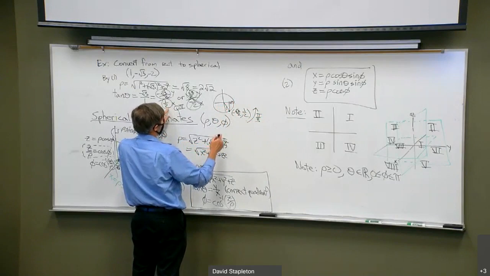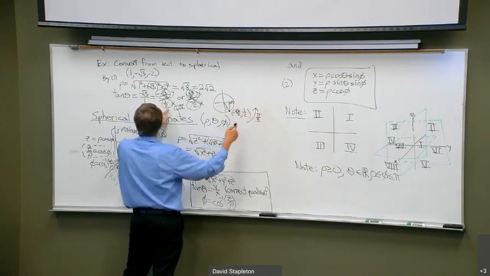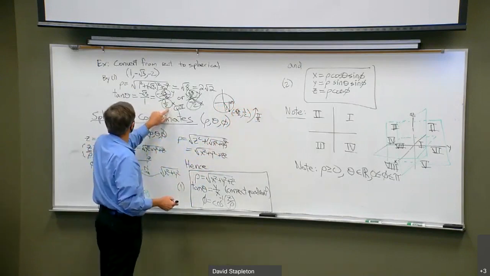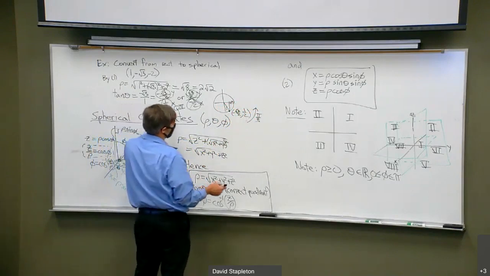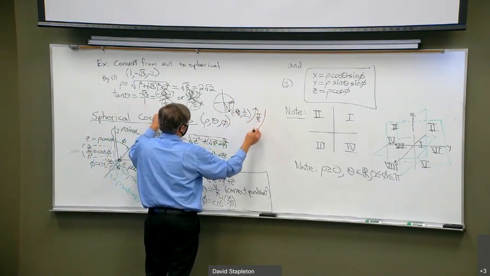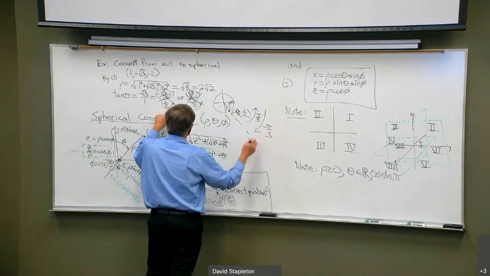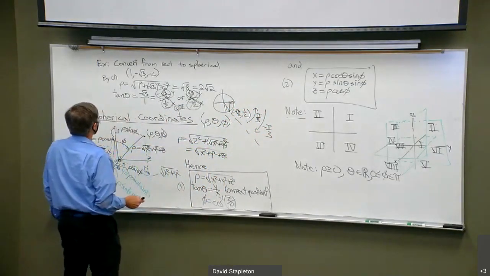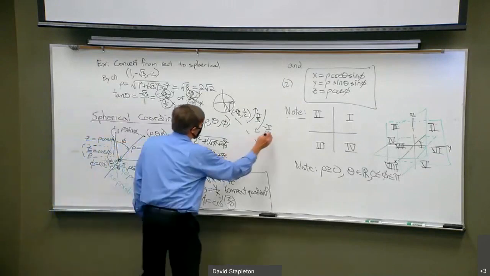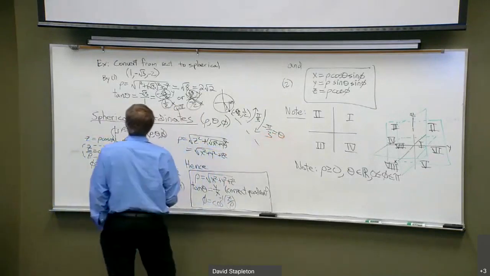The angle that we want, well, we have an infinite number of choices, right? So let's pick it to be between minus pi and pi. We could say the actual angle to this ray here is minus pi over 3. That's our choice for theta.